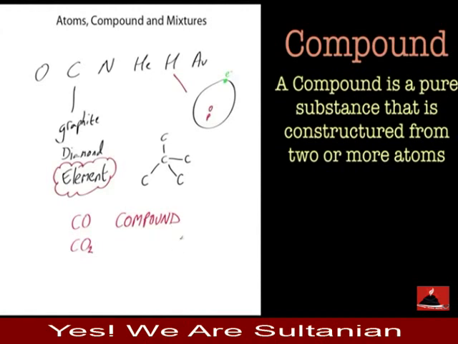So a molecule really is a compound, and a compound is made up of different elements, or different atoms, sorry. That's probably best, because element is a generic term for the pure form of a particular atom.